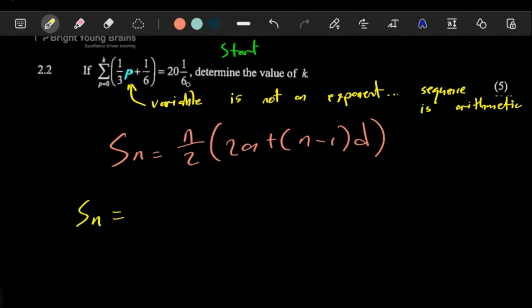So it's 20 times 6, which is 120, plus 1, which is 121/6. There we go. With all this being said, we need to now get a value for n, and so on.